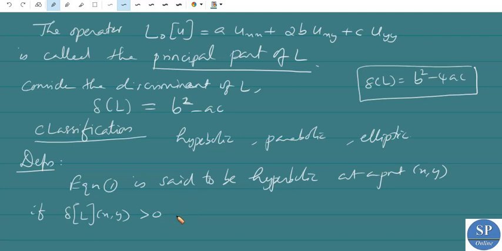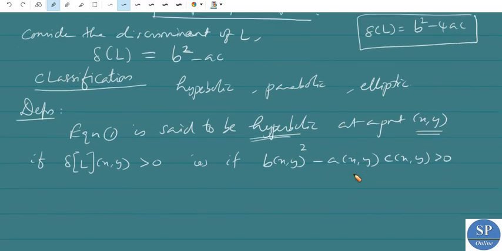That is, if delta L of xy, which is b of xy whole square minus a at xy into c at xy, is greater than 0. That is, if this b square minus ac is greater than 0 at a point xy, then we can say that equation 1 is said to be hyperbolic at that point. Clear?